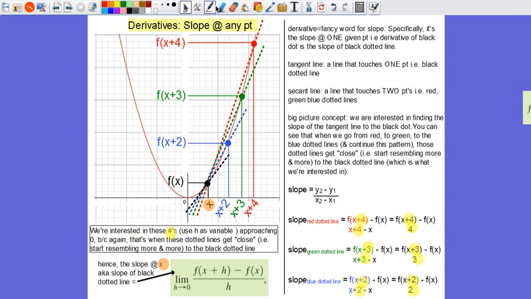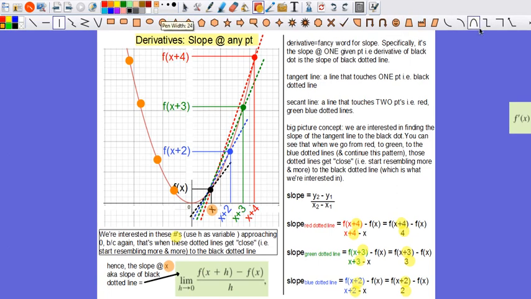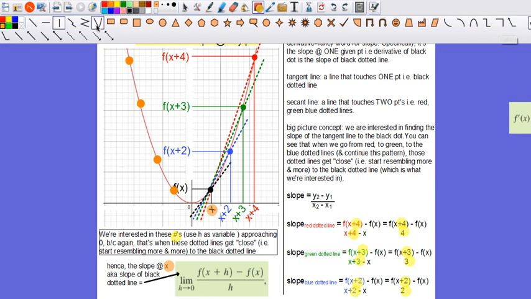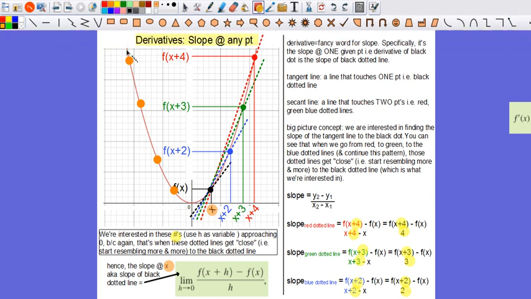Derivatives is basically a fancy word for slope at any point. Let's create some dots. Let's go with orange since that hasn't been used here. I'm going to draw some lines that touch the orange dot.